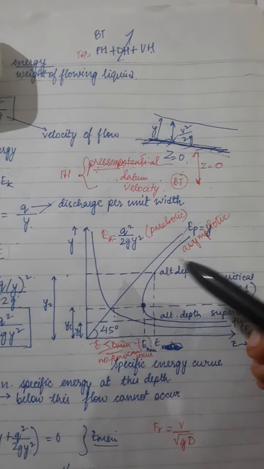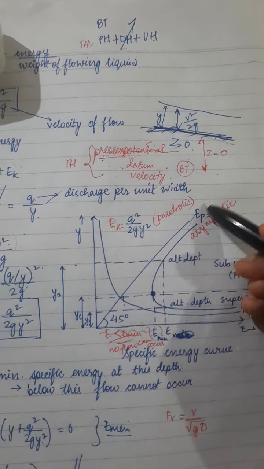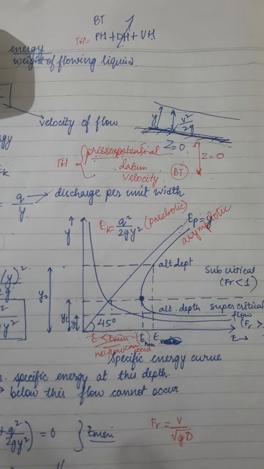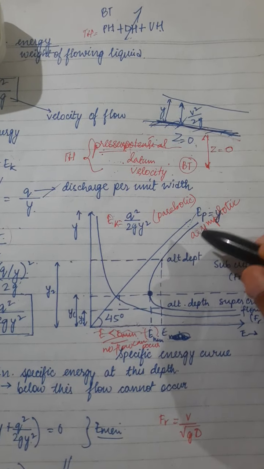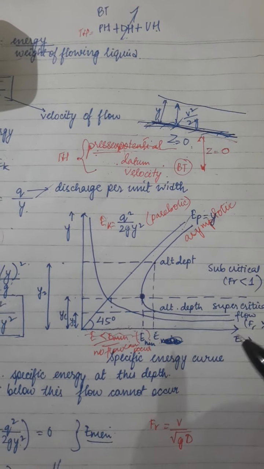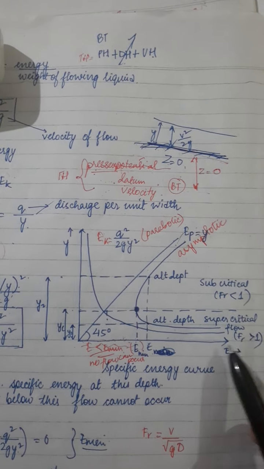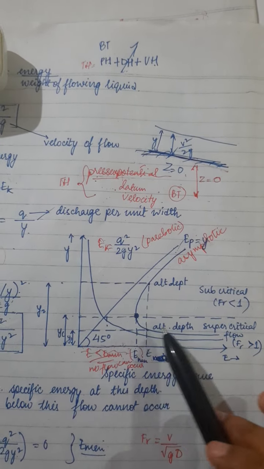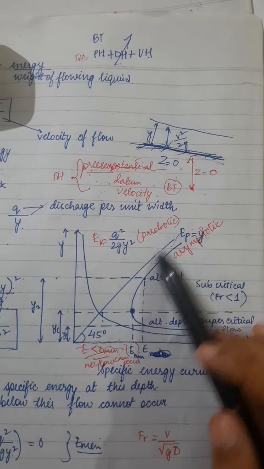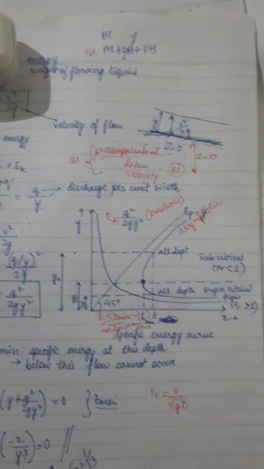That means these curves tend to touch these lines, but they will never touch them. It is called asymptotic. So here it is asymptotic, and on this end also it is asymptotic. Our curve is trying to touch both the initial curves EP and EK, but it never touches them.